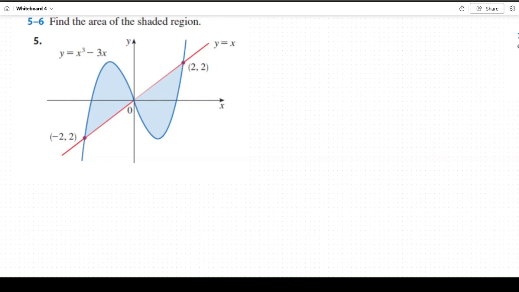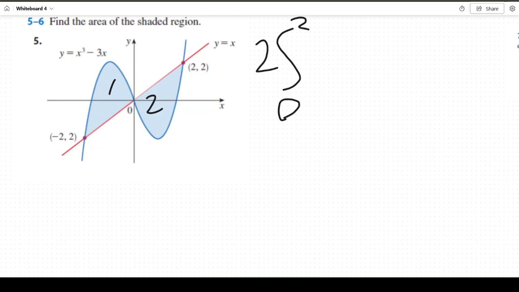So when we do the integral, we can put 2 times the integral from 0 to 2, because there are 2 areas we need to find. And you can only use this when they are symmetric. If they're not symmetric, then don't use this method. This is a method you only use when the areas are equal to each other.